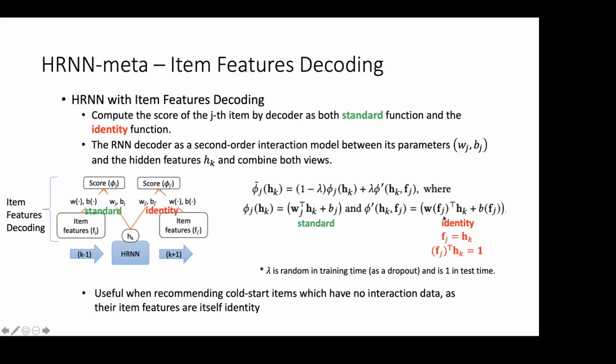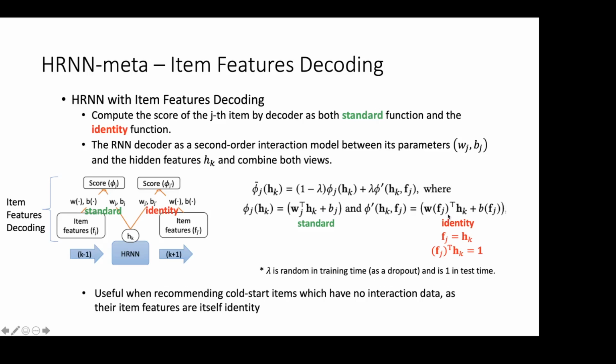So I think they build the mirror function of this standard decoder, using just weights and biases for the hidden representation in the RNN.